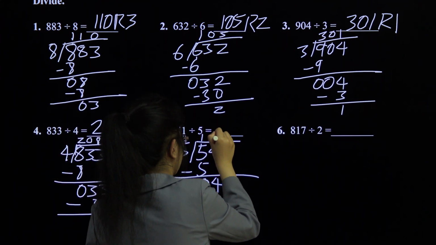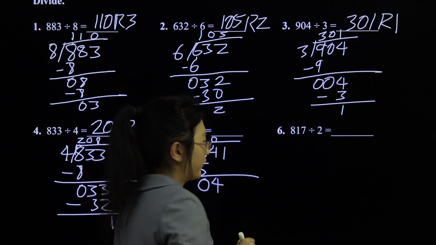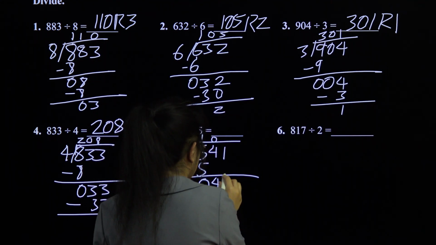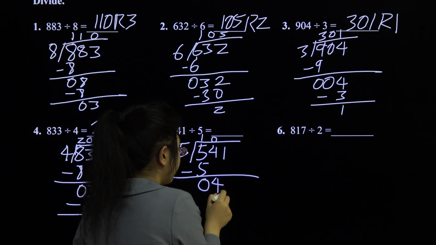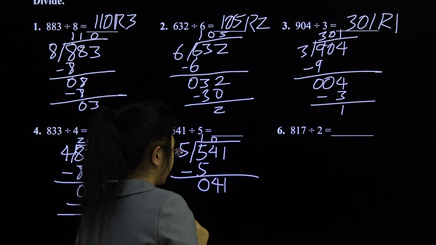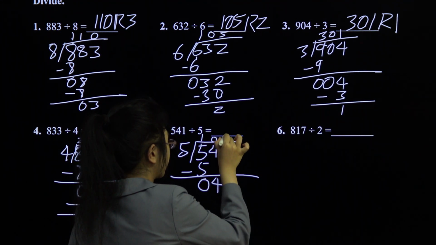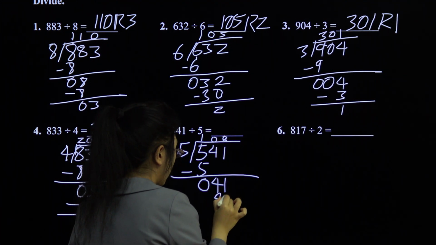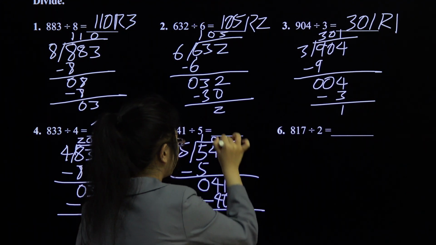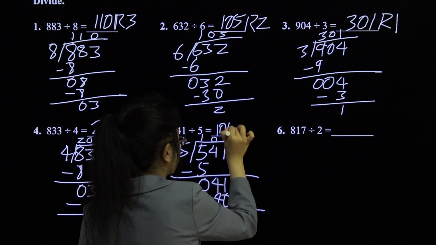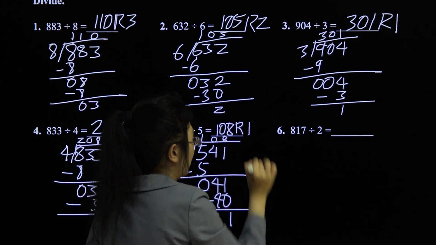So you add a 0 in the quotient, your first 0 in the quotient, actually. And then you drag down the next digit. And you get 41. 5 goes into 41 8 times with a remainder of 1. Our answer is 108, remainder 1.